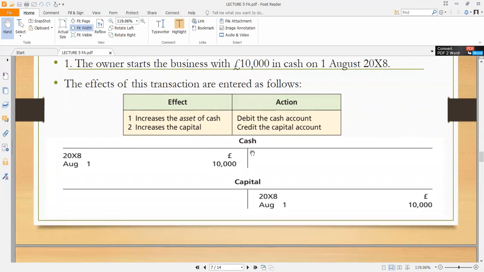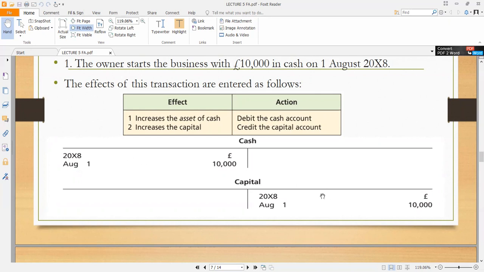Now let's see how it's going to look on the balance sheet. We've got cash, remember it is on the left side, which is the debit. Then the right side is credited, so here we are balancing off the 10,000 and the 10,000.